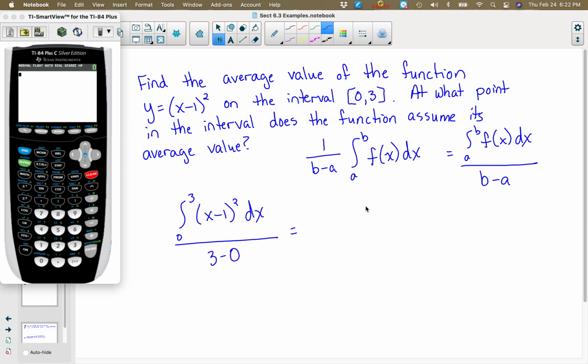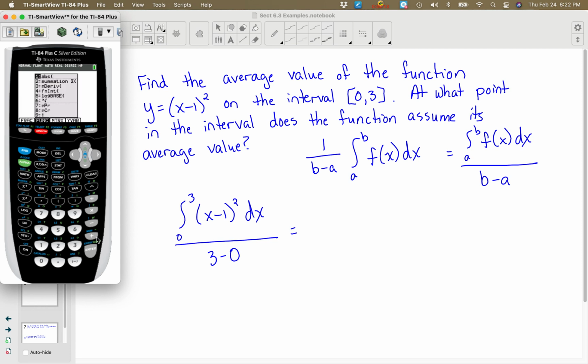And this problem said that we can use technology. Actually, if you look at the directions, it says to use technology. So we're going to do that. So we want number 4, and we're going to go from 0 to 3.